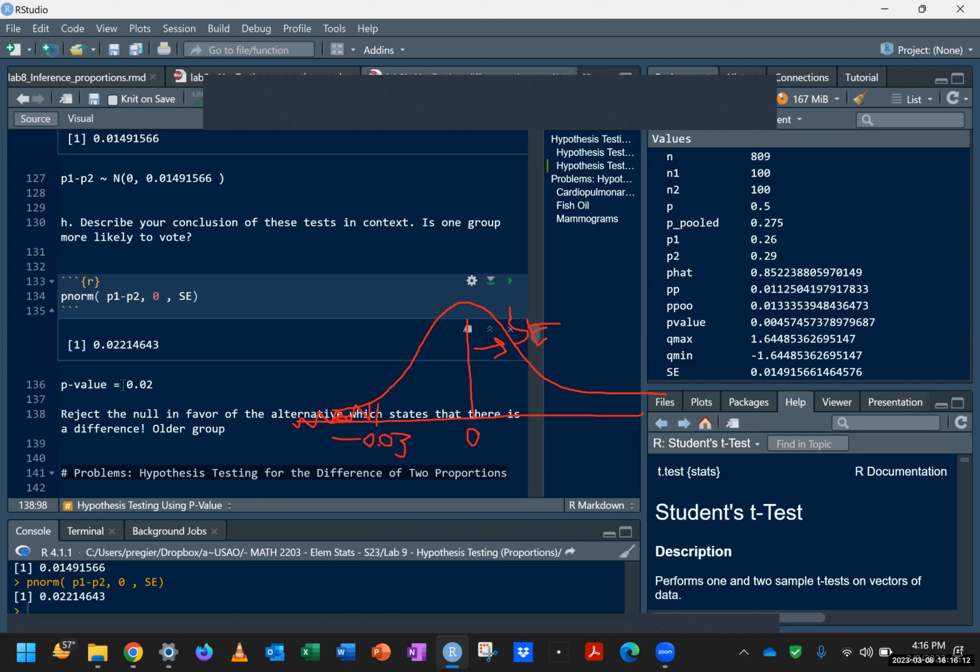I should say the older group votes at a statistically significant higher rate. Yeah, we could see just by looking at the data that it's higher, like the older group voted 29%, but it's not until we do this analysis that we can say there's a significant difference. Now we know, hey, there's a difference in the two groups.